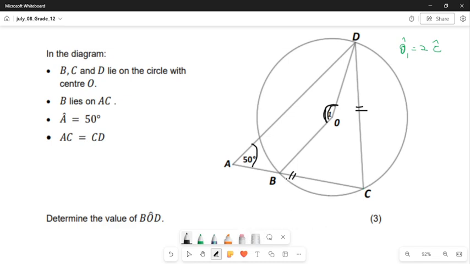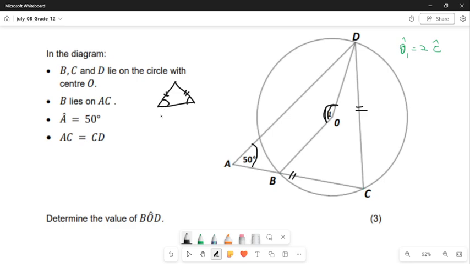So remember that we were told that this line AC is equal to DC. So in other words, we have an isosceles triangle. And what property do we know about isosceles triangles? That these two angles are equal.